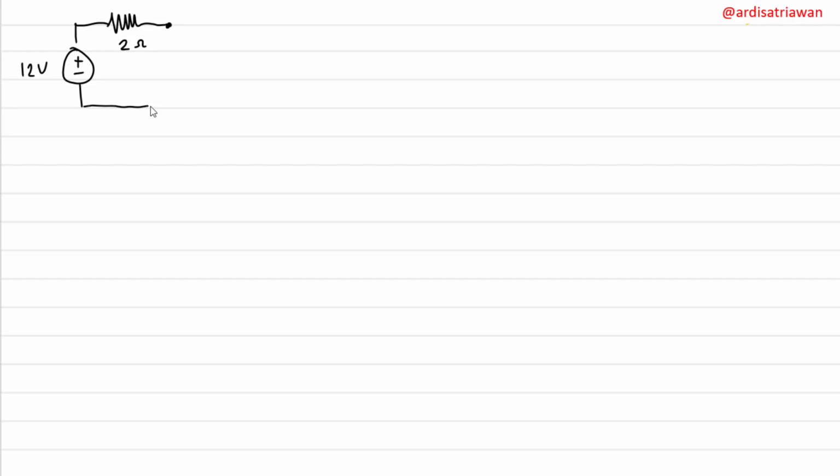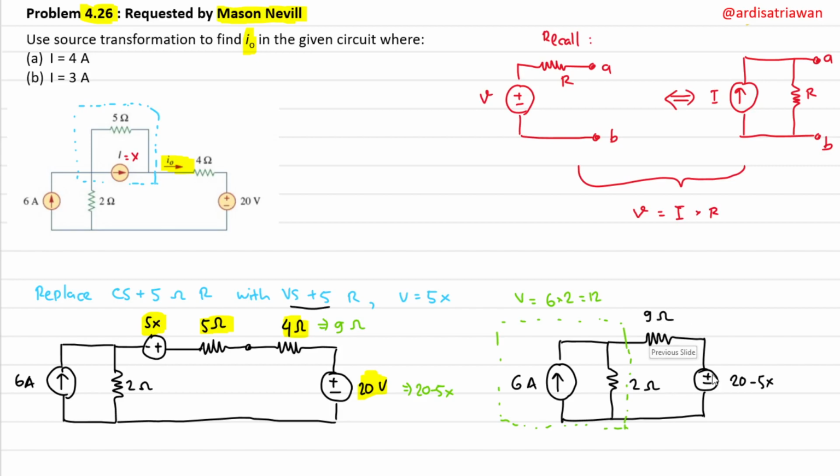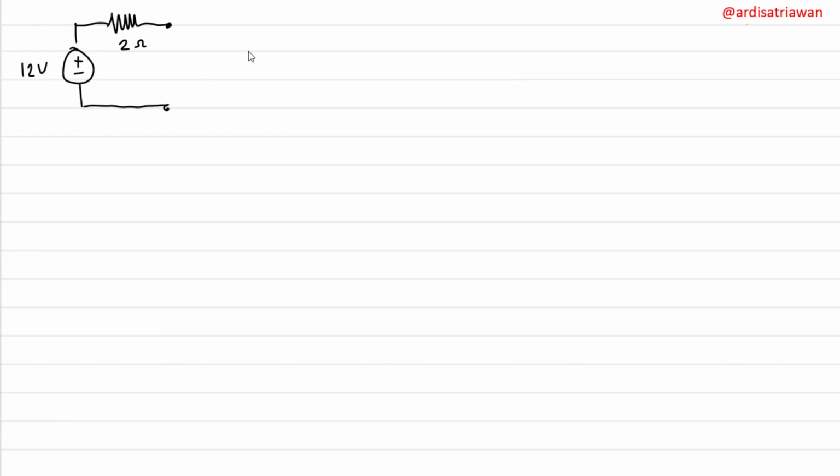Then I have this 9 ohm and 20 minus 5x. So I will have 9 ohm, and then this one plus minus, this is 20 minus 5x.